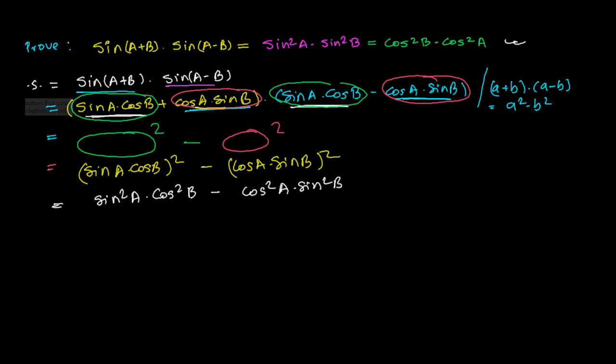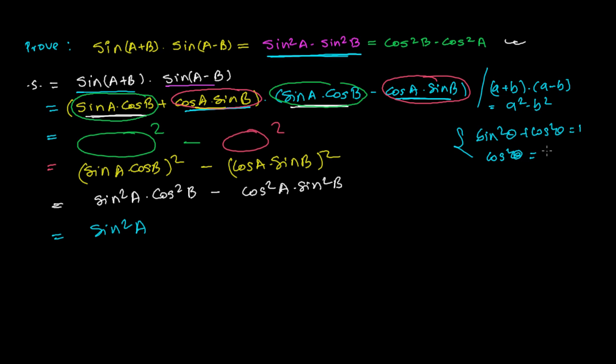Now everybody can easily say by looking at this, we need to prove that it is sine square a minus sine square b, which means there is no presence of cosine. So we need to remove this cosine, and to remove it we have a very simple way. What we learned in the early stage of trigonometry is that sine square theta plus cos square theta equals 1. So I can write easily that cos square theta is equal to 1 minus sine square theta.